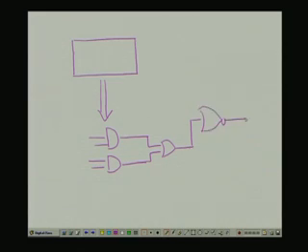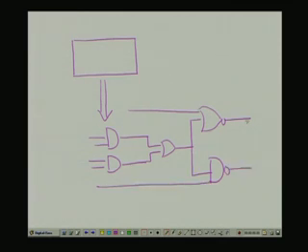I am giving NOR. So, it has another input, it has also another input in this way.